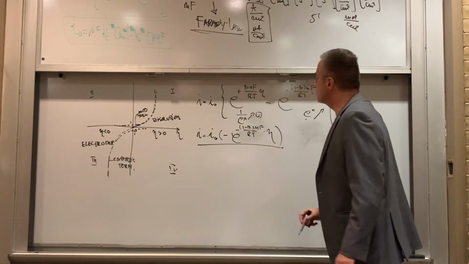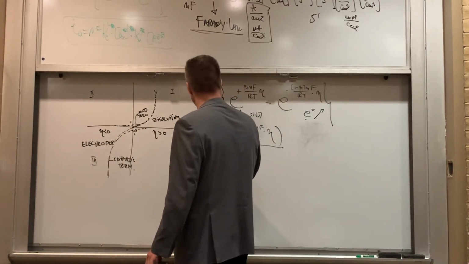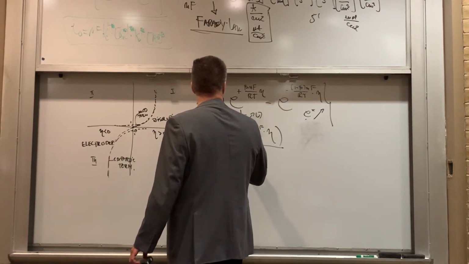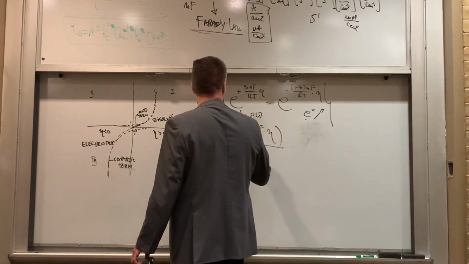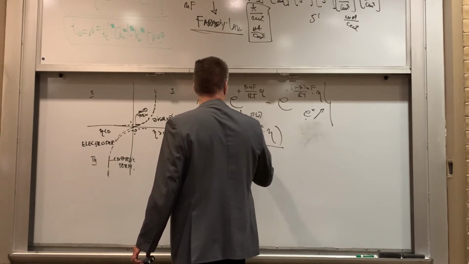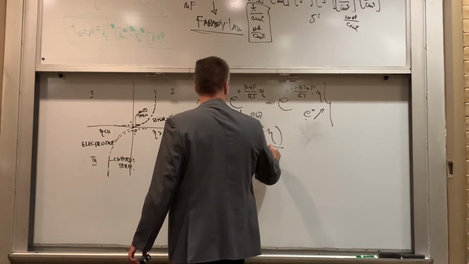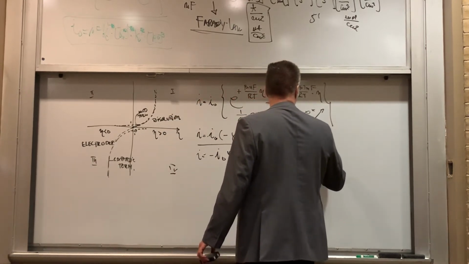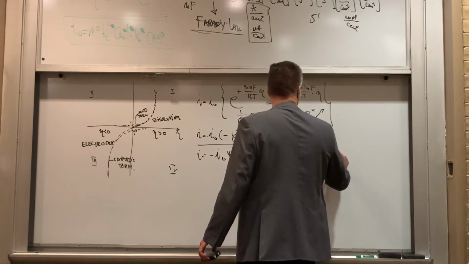Now, the important thing here is I equals minus I naught e to the minus 1 minus beta, n F over RT, eta. It's called the Tafel approximation.